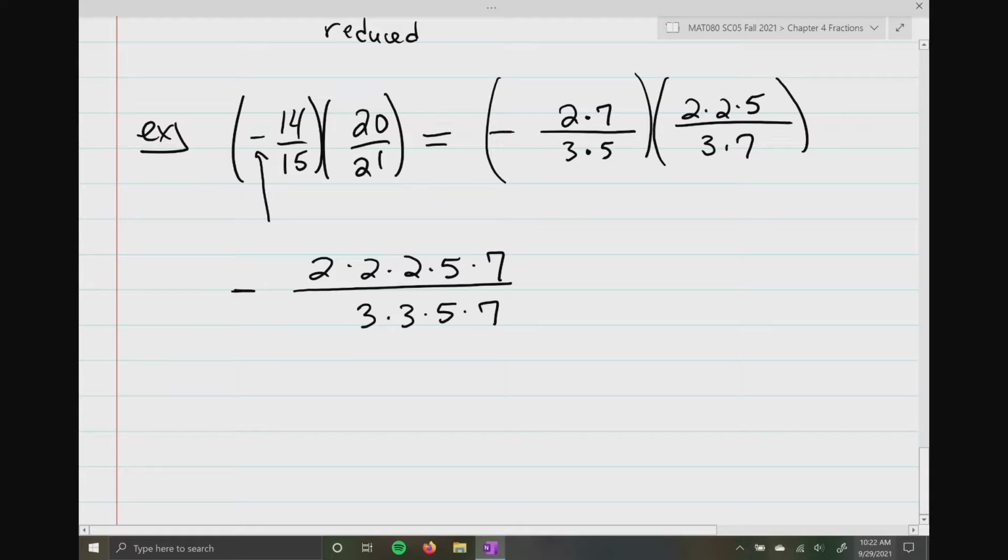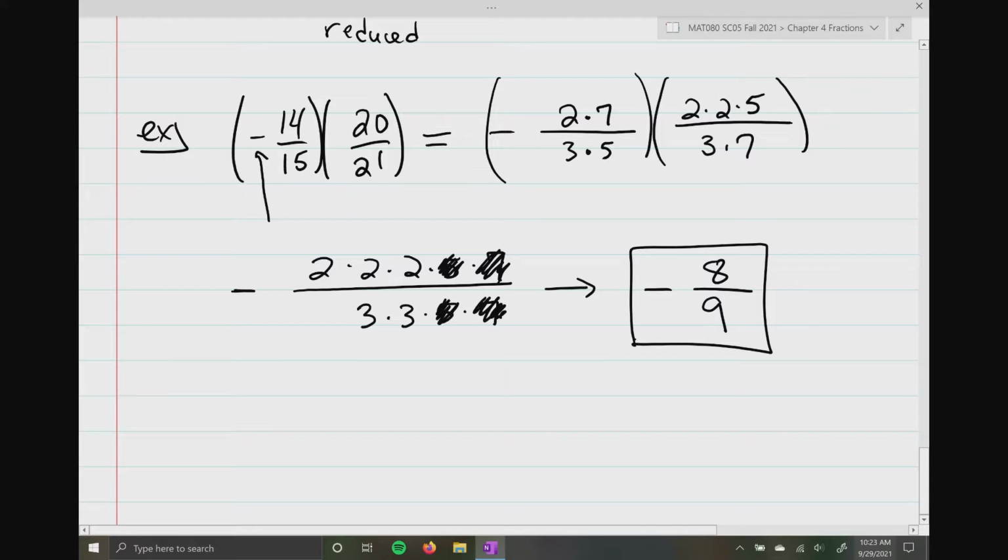So now I'm looking for numbers that are the same on the top and bottom. If they're the same, I can reduce them to a number 1. So 5 over 5 reduces. 7 over 7 reduces. And that's it. We multiply the leftovers. 2 times 2 times 2 is 8. And 3 times 3 is 9.